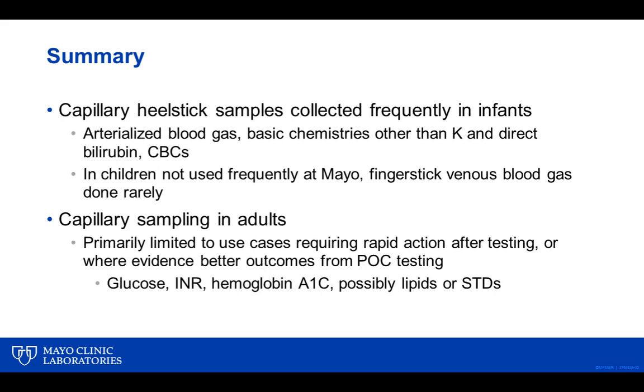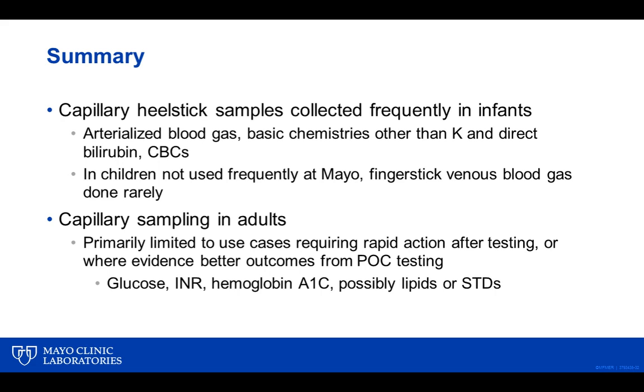Capillary heel stick samples are frequently done for infants in our practice. The best use case is the arterialization of heel stick blood for blood gas analysis, which can give you an assessment of oxygenation and acid-base status. You can do basic chemistries on that same sample, sodium, most of the bicarbonate, pH.